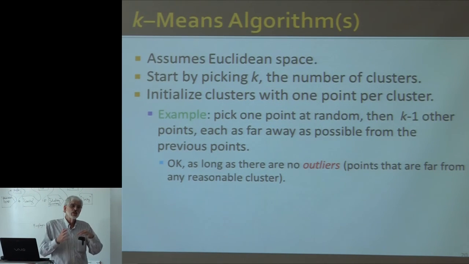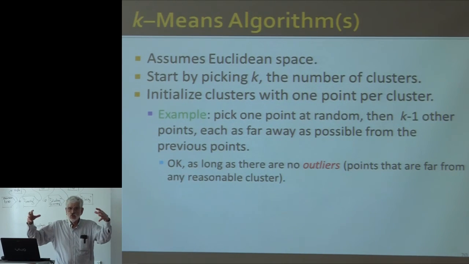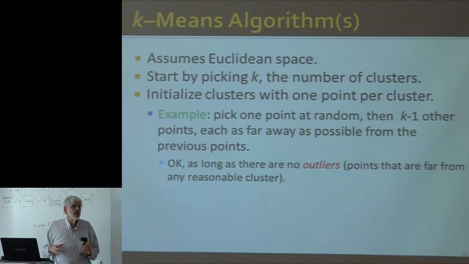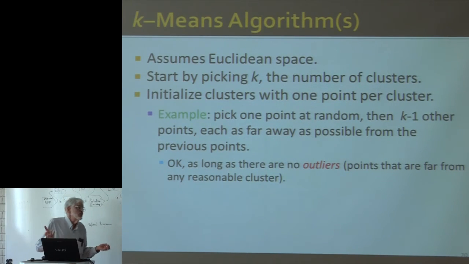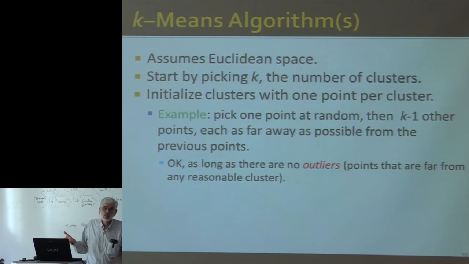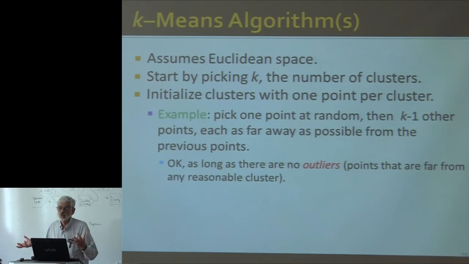And then a fourth point such that the minimum distances to the other 3 points are as far as possible, and so on. So you're going to get k points that are as mutually far away as you can. The idea would be that these probably belong to different clusters, and since you somehow know that there are k clusters, there must be one representative from each cluster.